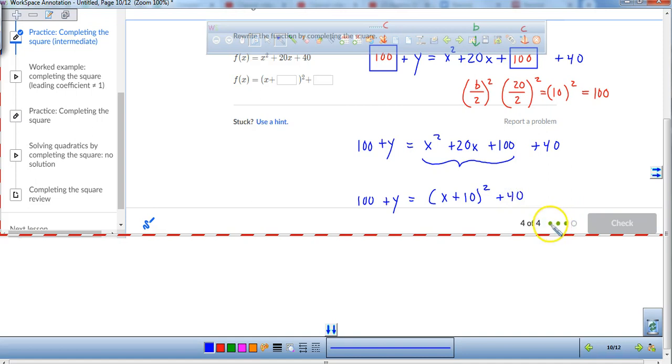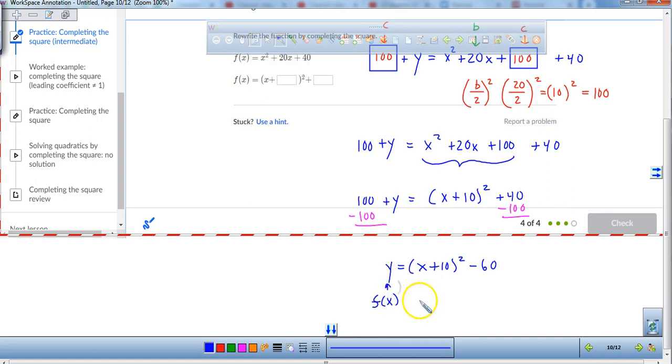Alright, now to finish everything, all we have to do to both sides is simply take away 100 from this side and take away 100 from this side. And you're left with y equals parentheses x plus 10 close parentheses squared, and 40 minus 100 is negative 60. And all I'm going to do is just change the y to f of x.